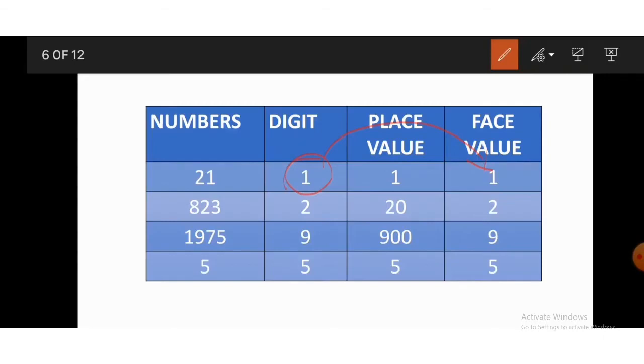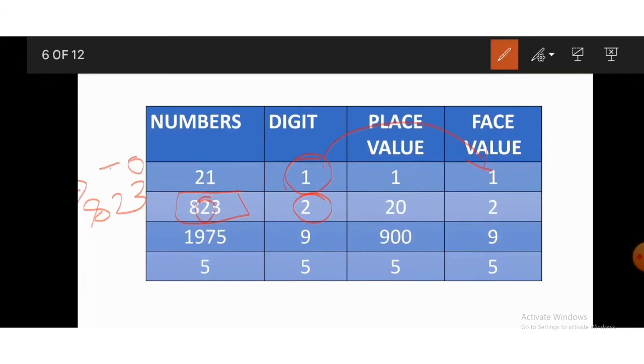The second number here is 823. Okay, 823. They are asking to find the place value and face value of the digit 2. First we'll write the number here, 823, and then start writing the places above the number.